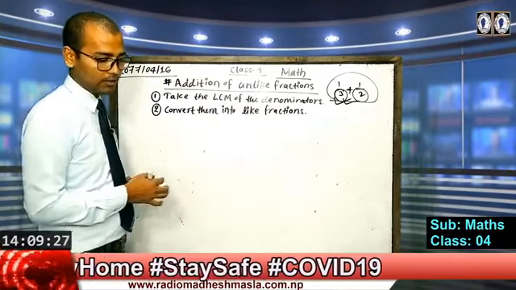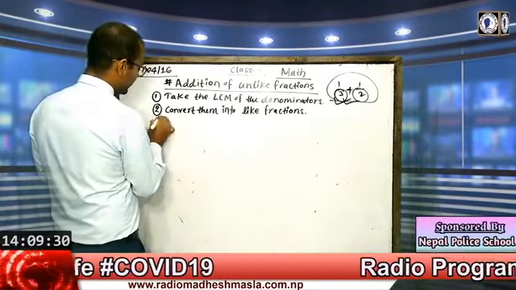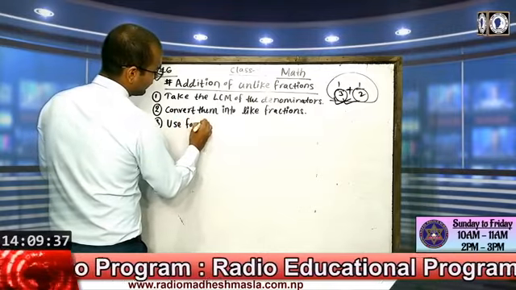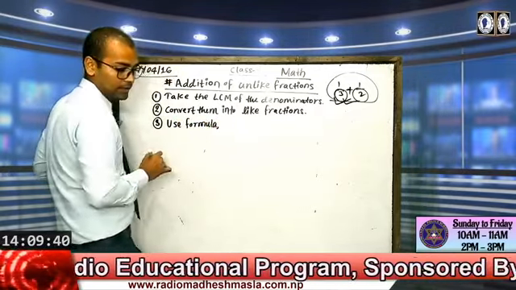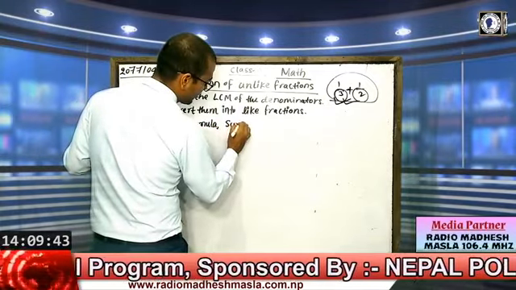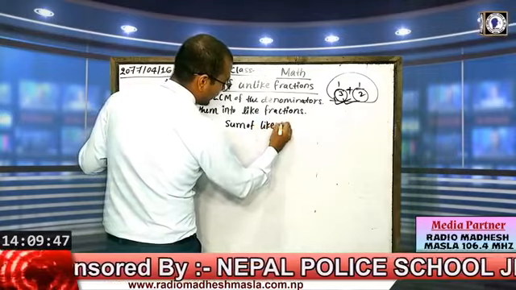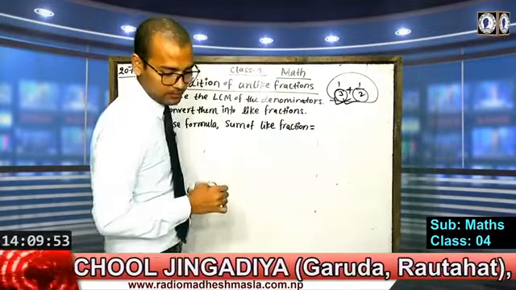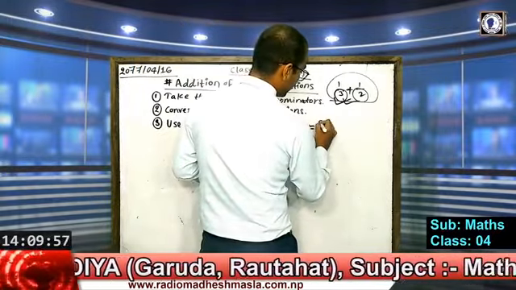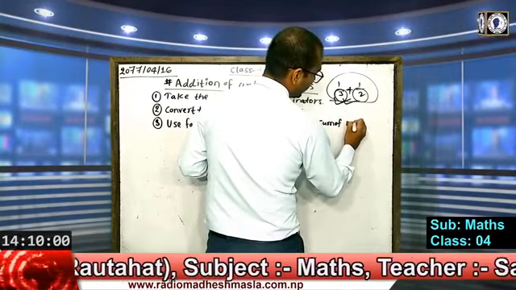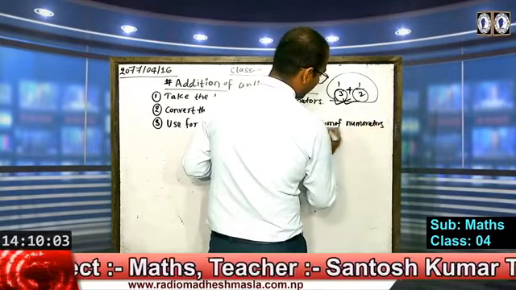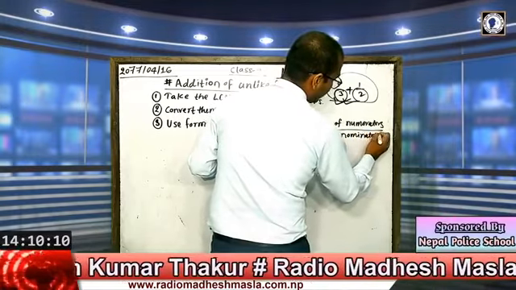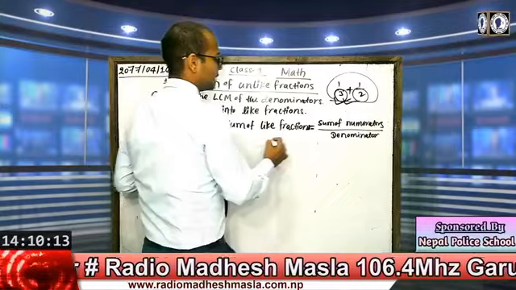Then after converting them into like fractions, we should use the formula: sum of like fractions is equal to the sum of numerators over the denominator.